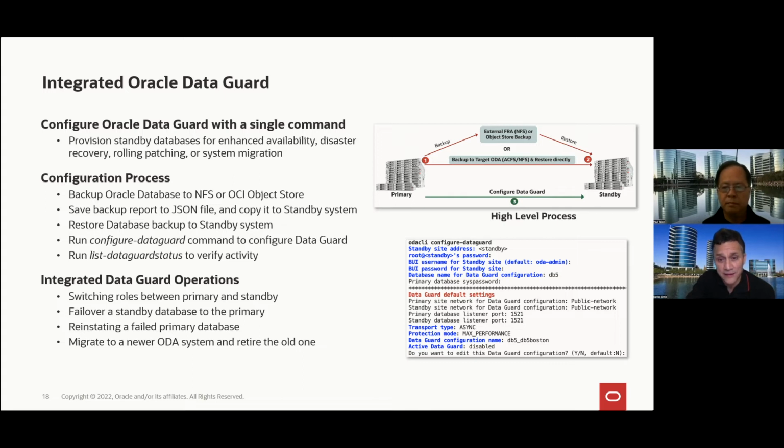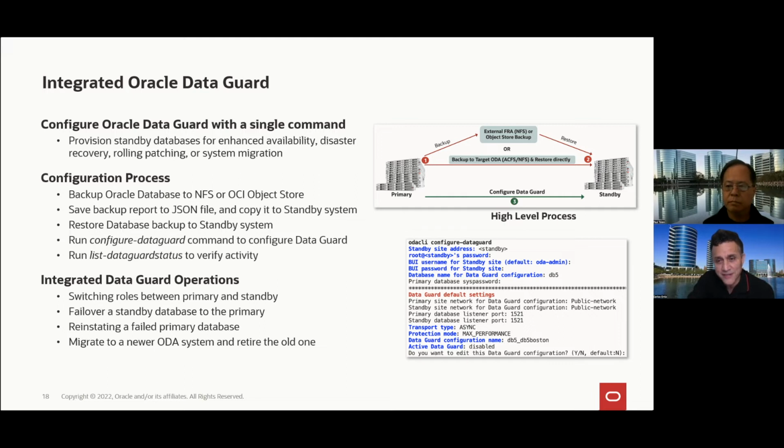And the upper arrow points to an external FRA on NFS or object store backup, and then it needs to be restored into the standby Oracle Database Appliance. But I want to highlight this right here in the middle, that you can also back up to the target ODA using ACFS and NFS and restore directly from the same appliance. That way you don't have to use an NFS or object store, right?